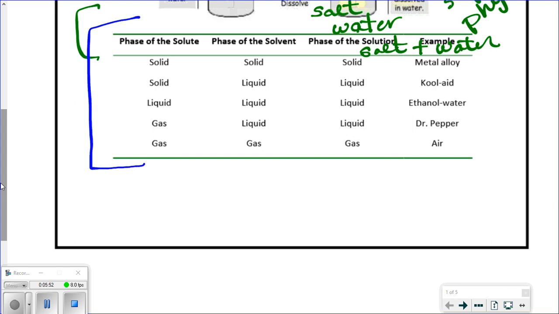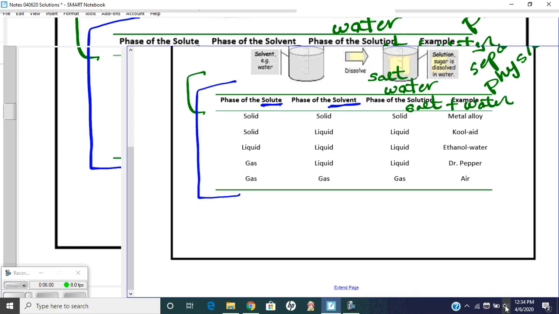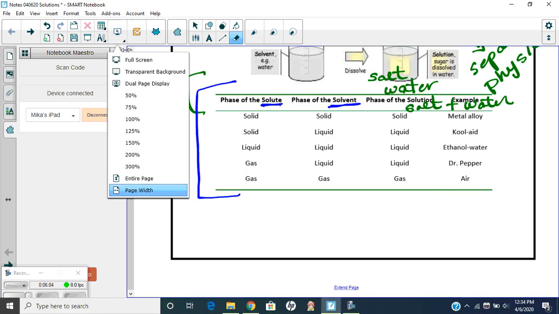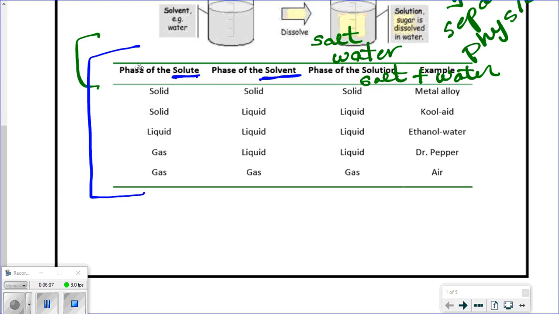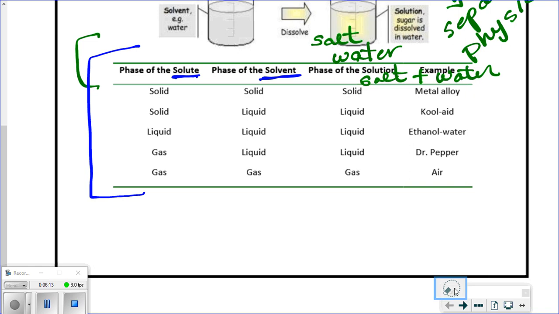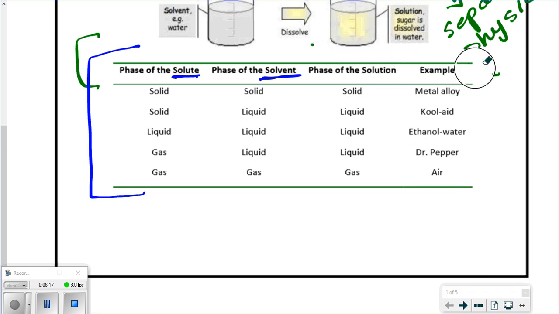You can see I have the phase of the solute, the phase of the solvent, and I think I'm going to have to erase on here as well. Oops, did not mean to do that. So stay with me, guys. I'm kind of new to doing this with my iPad. Let me get my eraser. I'm going to erase some of this here so that you guys can see what I'm doing.